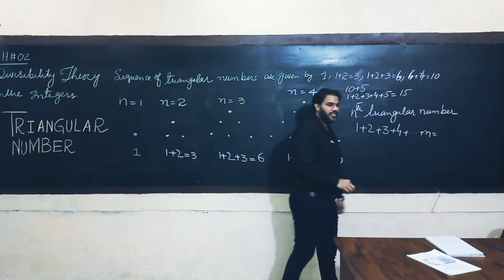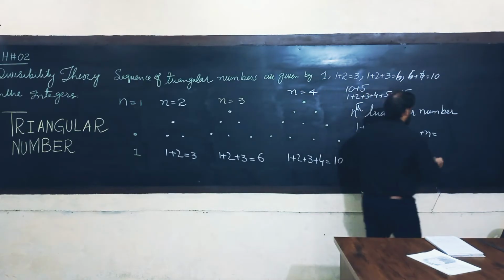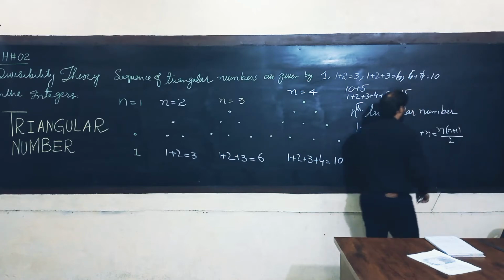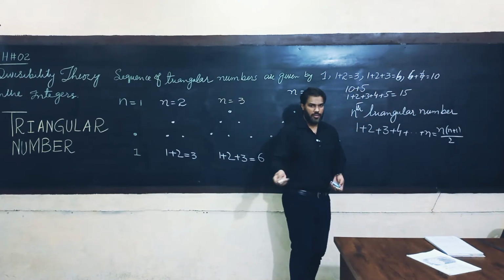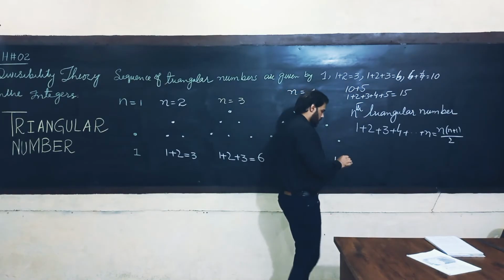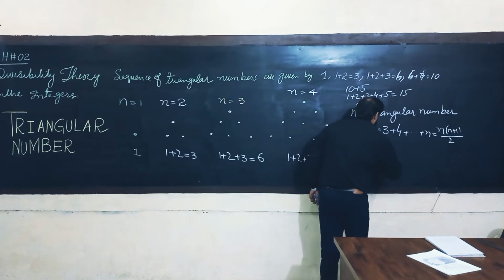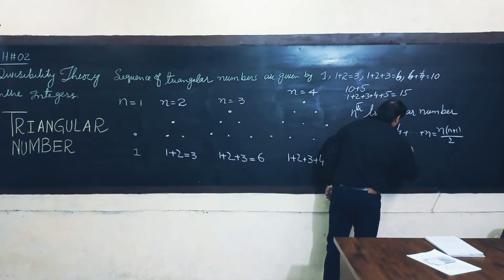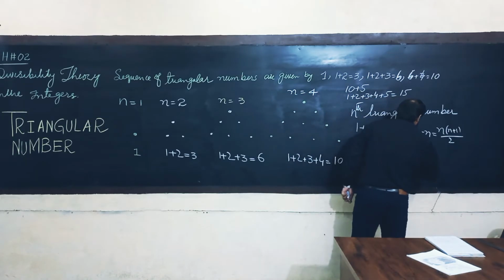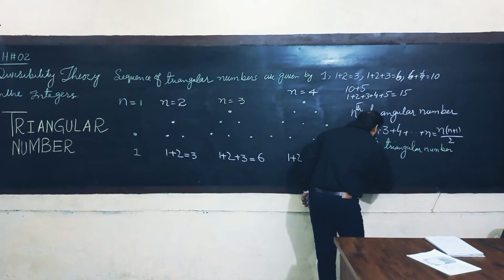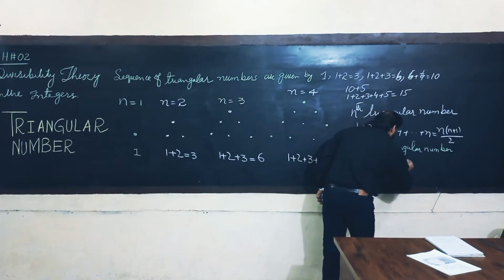And the sum of the first n natural numbers is simply equal to n into n plus 1 over 2. In the incoming questions, this number is called the nth triangular number, and we will denote it by Tn equal to n into n plus 1 over 2.